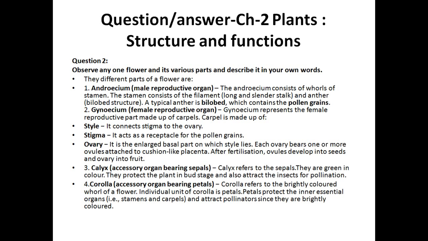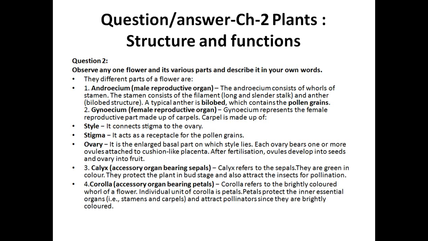Okay, now move to question number two. Observe any one flower and its various parts and describe it in your own words. So what you have to do, first of all, you are going to draw. You can take any flower. Mostly you can take a hibiscus flower, because in a hibiscus flower every part is well differentiated.